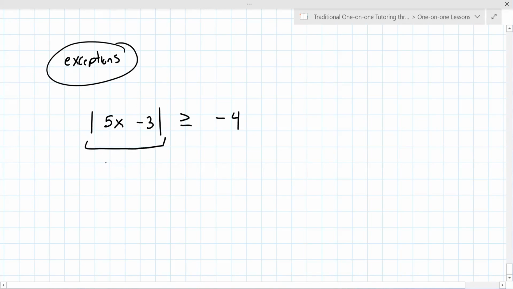This is always positive, because the absolute value always returns positive. Do you agree with that? Do you remember that? Yeah, it changes it. Okay. But it's always positive. It doesn't matter. Always returns a positive or zero, I guess. And you're comparing it to a negative number. See how this is negative over here? Okay, so this is always true.